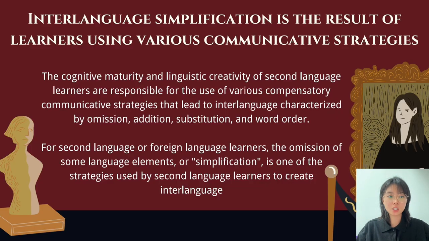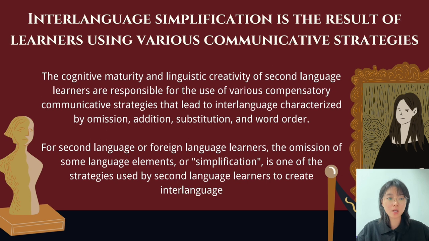Interlanguage simplification is a result of learners using various communicative strategies. For adult learners of a second or foreign language, the problem of cognitive complexity is solved. They need to find linguistic forms and structures for concepts they already know in their native language. The principle of making use of what is known is not limited to concepts.